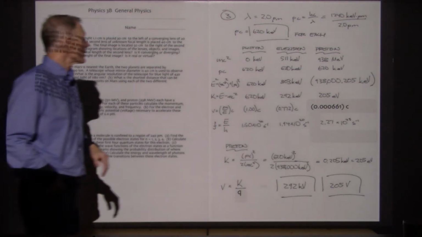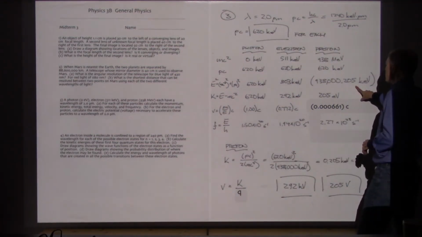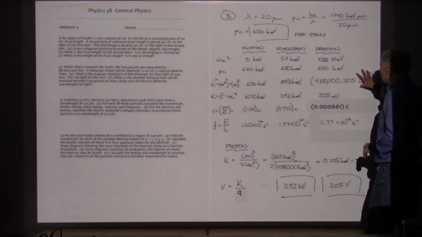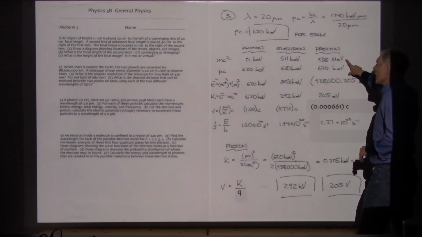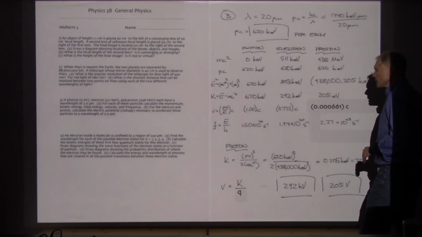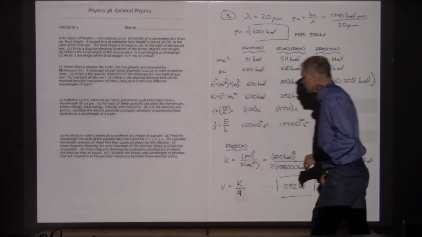What's happening here is that the proton's not going super, super fast. And as a result, its momentum is tiny compared with its mass, and then we run into these issues with significant figures. So what we can do is go back and use the formula from classical physics.